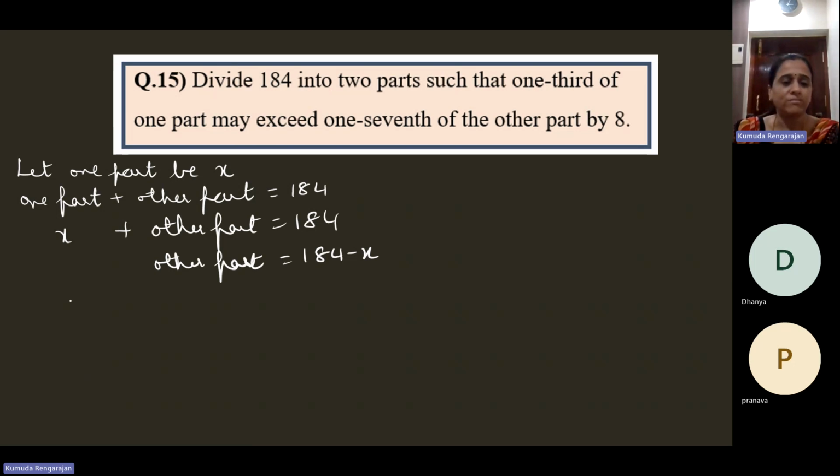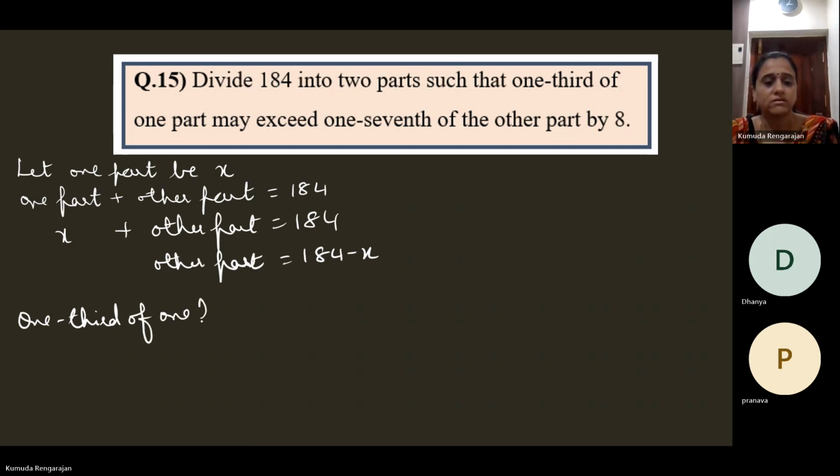Now 1/3 of one part is equal to 1/3 of x. Of means into, one part is x, so this is x by 3.